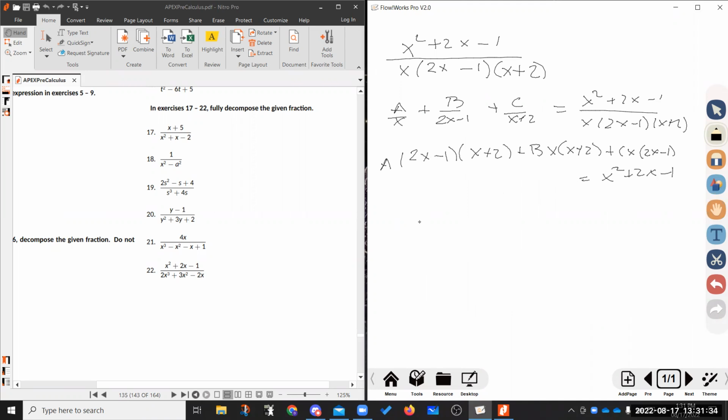I use my technique where I let x equal something. The zero of this first factor is x equal to 1/2. When I do that, b times 1/2 times 5/2 is equal to 1/4 plus 1 minus 1. So b times 5/4 is equal to 1/4. Multiply by the reciprocal, 4/5, on both sides.